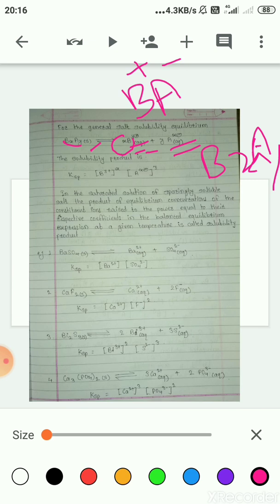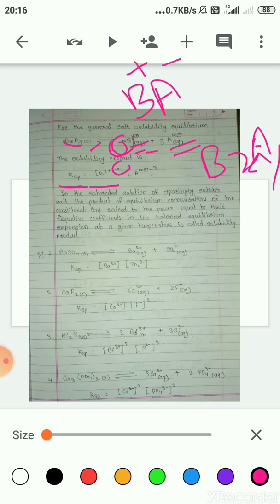Now we can write the solubility product for the salt BxAy like this: Ksp is equal to the concentration of B^y+, and we have to write the coefficient of B^y+ as the power of the concentration term.